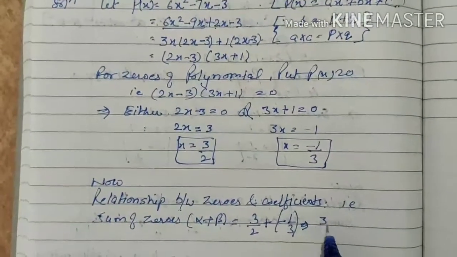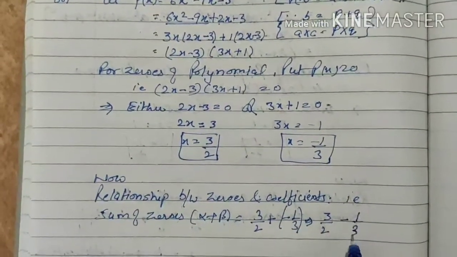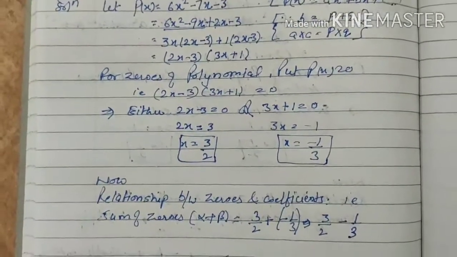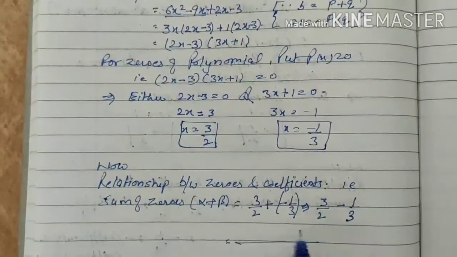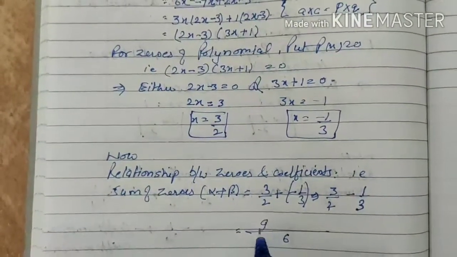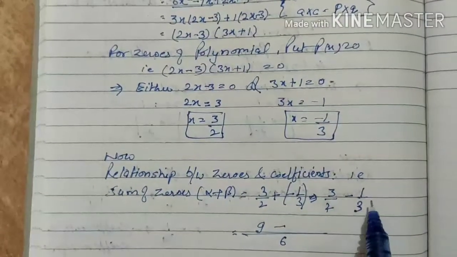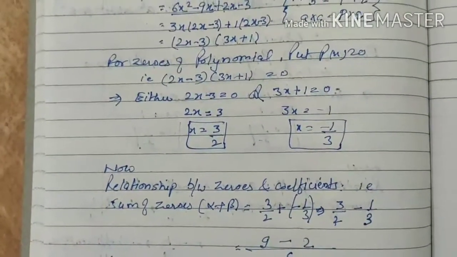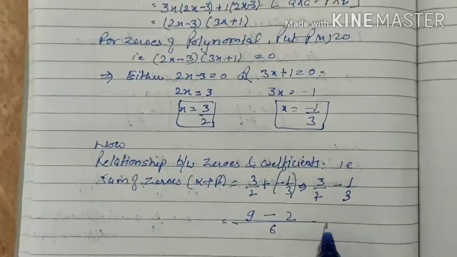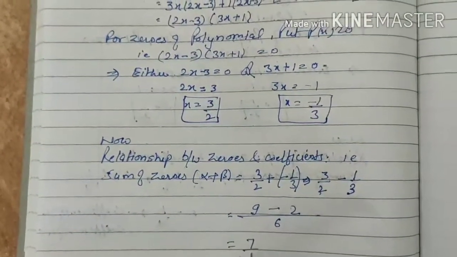This will become 3 by 2 minus 1 by 3. Now take LCM. You can see here LCM of 2 and 3 becomes 6. 2 3s are 6, 3 3s are 9, so this will become 9 minus, 3 2s are 6 and 2 1s are 2. So this will be 2. Now 9 minus 2 becomes 7. So this is 7 upon 6.